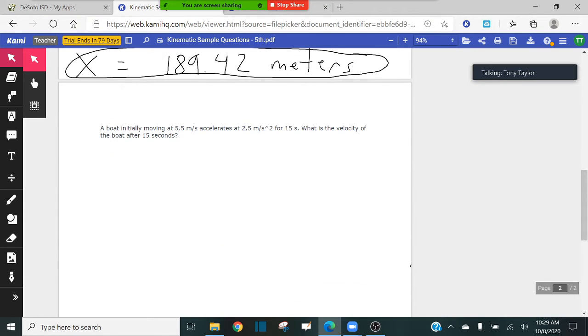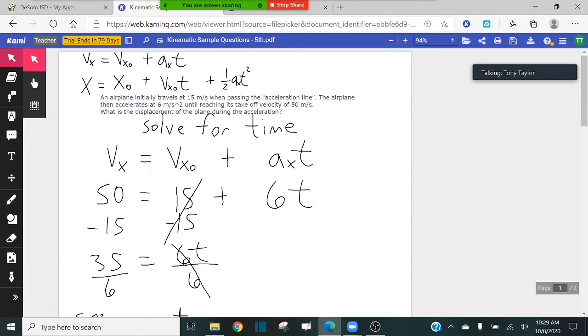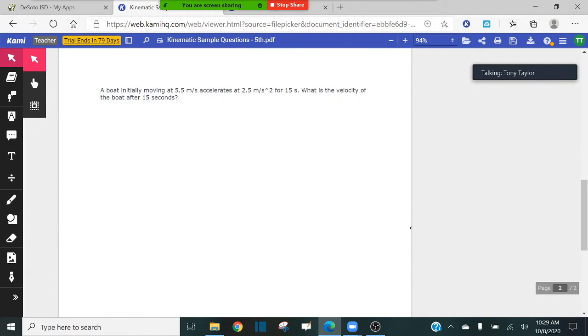So, this problem right here: a boat is initially moving at 5.5 meters per second and accelerates at 2.5 meters per second squared for 15 seconds. What is the velocity of the boat after 15 seconds? Here we're going to have to use this first equation because we're looking for the final velocity of the boat. So I'm going to take this first equation and write this down.